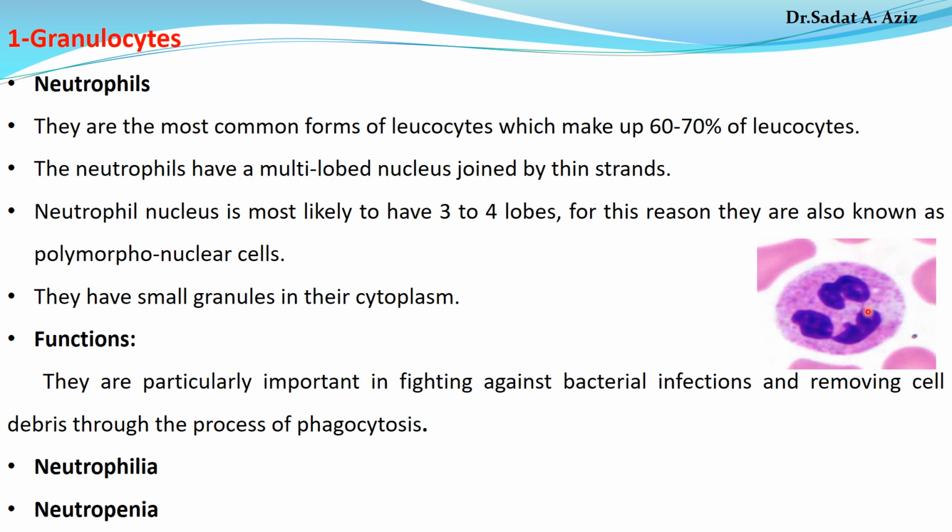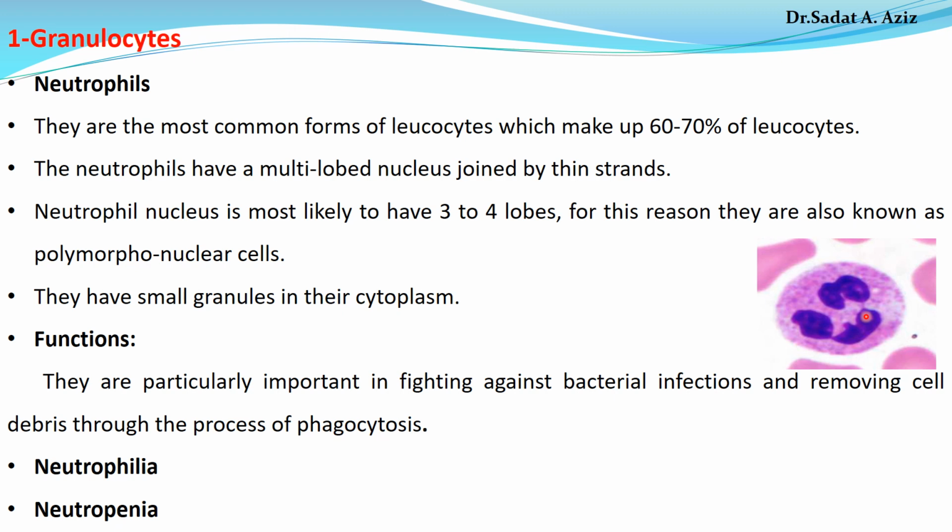So just bear with me on why we are saying thin. This property, a multi-lobed nucleus with a thin strand of chromatin, can be used to differentiate neutrophil from the rest of the white blood cells.